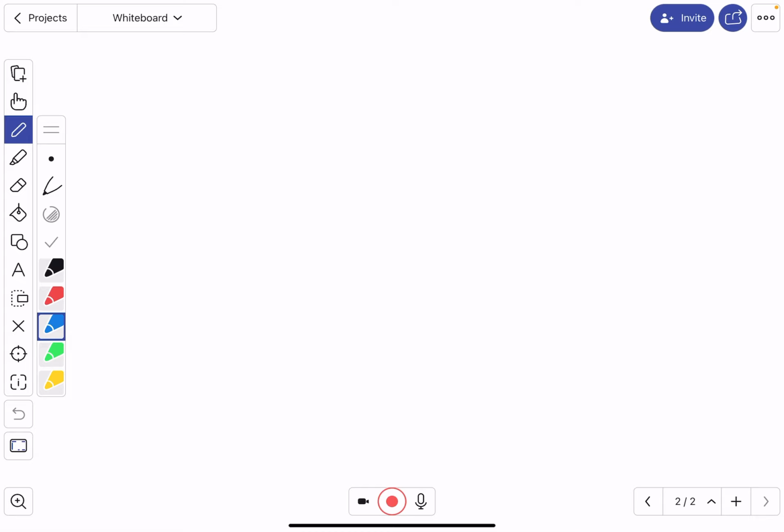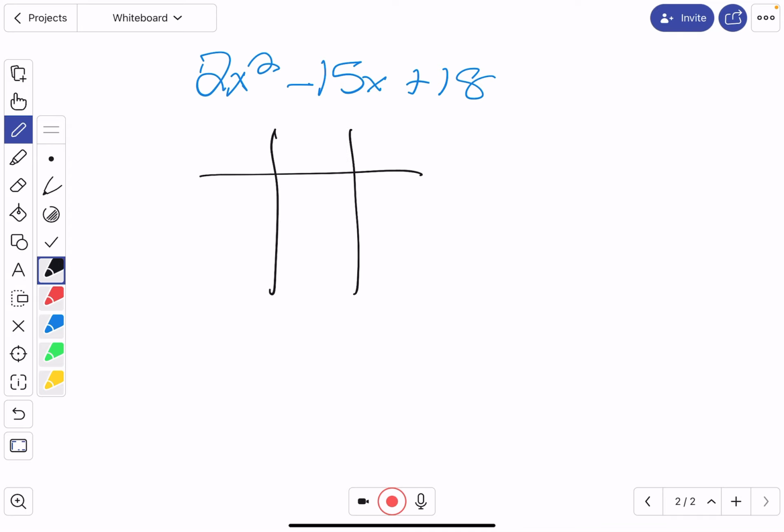Let's say we were doing 2x squared minus 15x plus 18. No greatest common factor, so we can skip step 1.